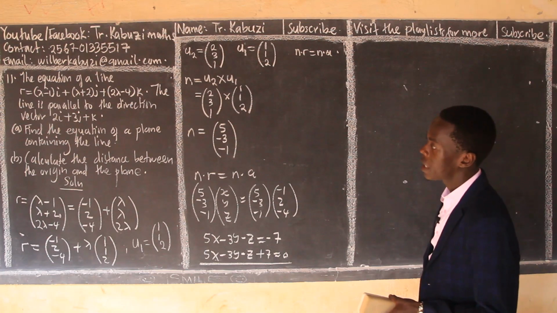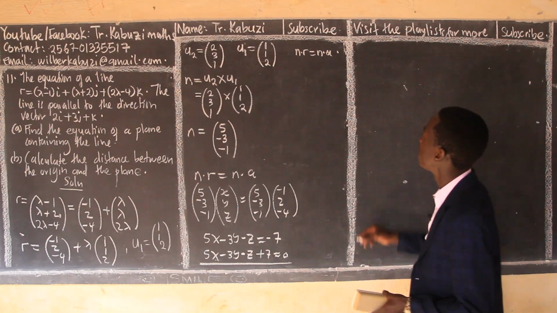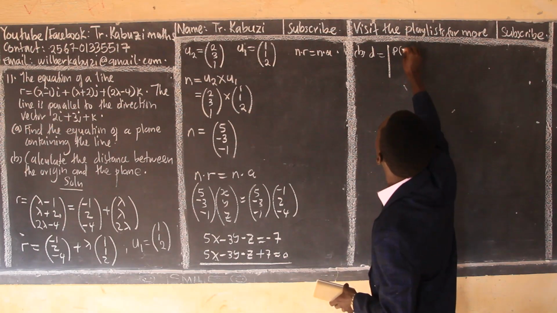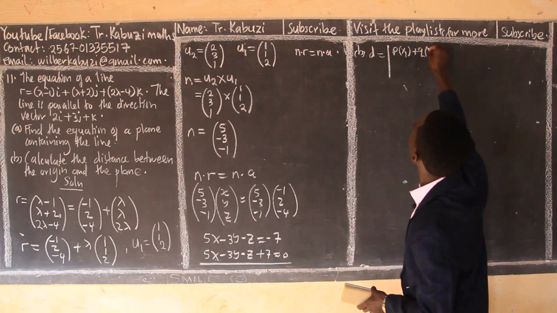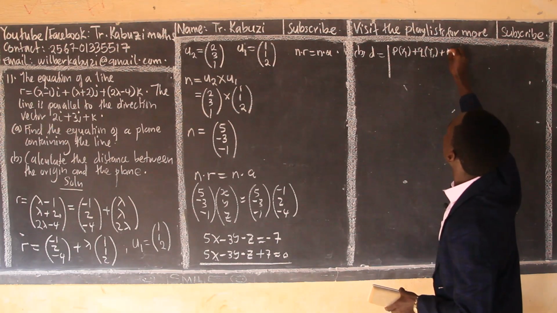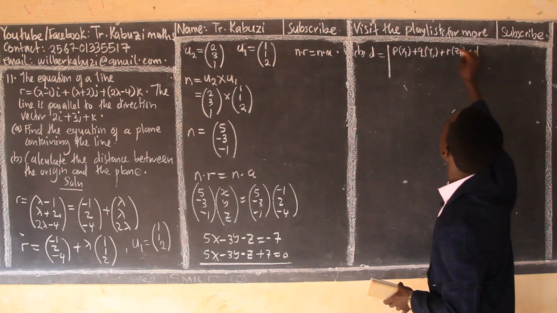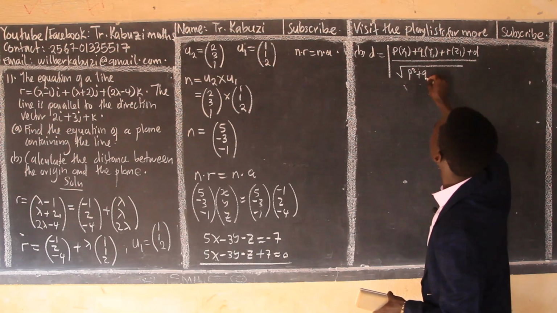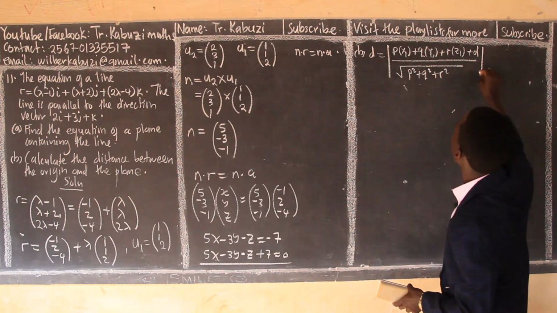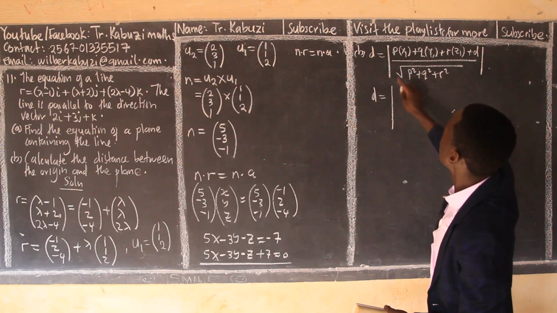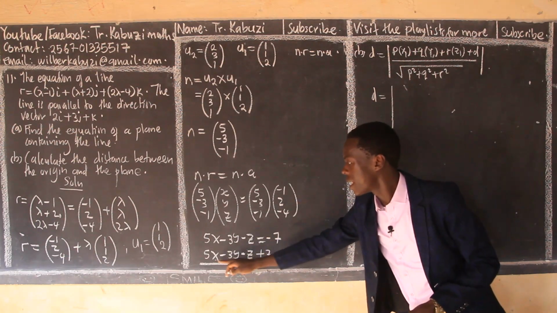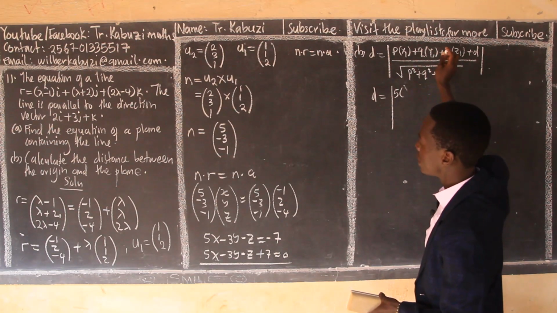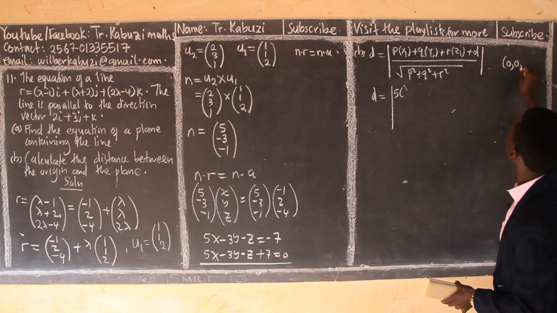Now part B: calculate the distance between the origin and the plane. We use our formula. D is always the magnitude of P x1 plus Q y1 plus R z1 plus D, the whole over the square root of P squared plus Q squared plus R squared. Here P, Q, and R are the coefficients of the variables. So I have 5, then x1, y1, z1 is the origin 0, 0, 0.